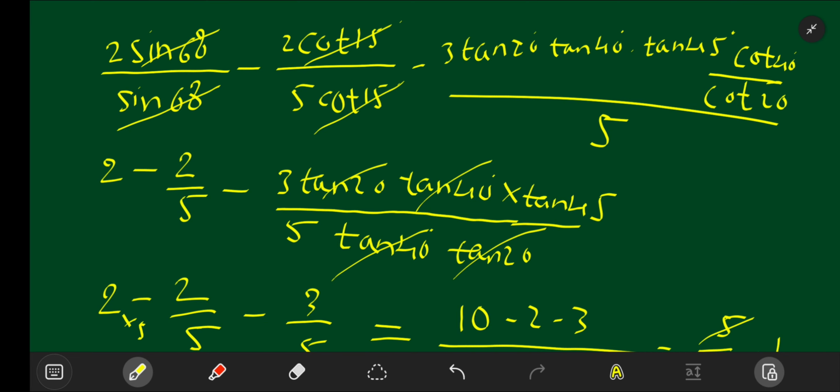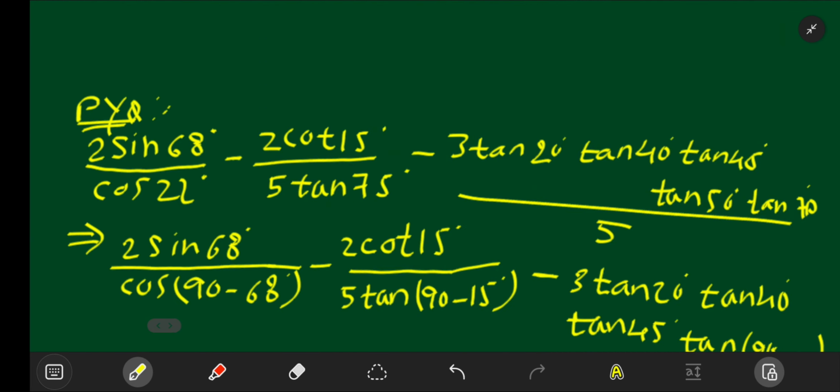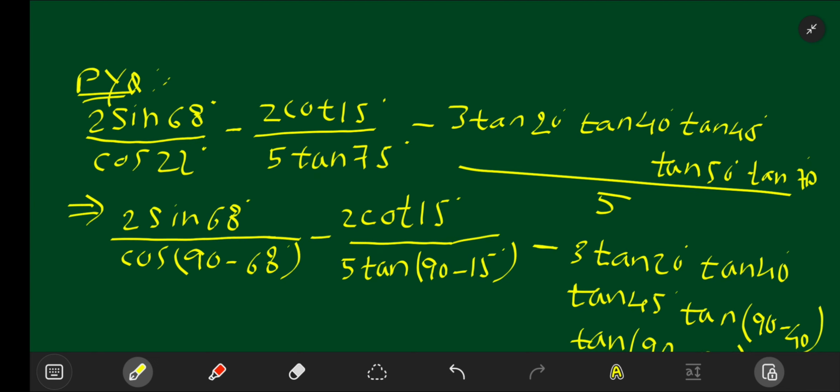This is one method. You may ask why I am changing the denominator. You can change the numerator also, if it is convenient, either numerator or denominator.